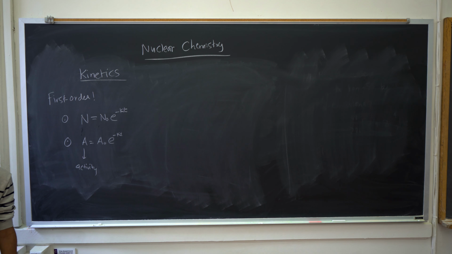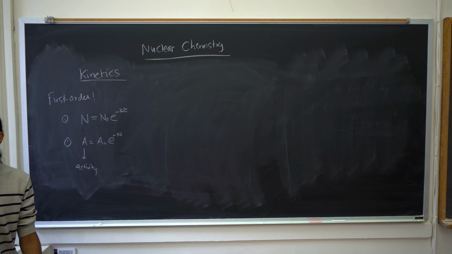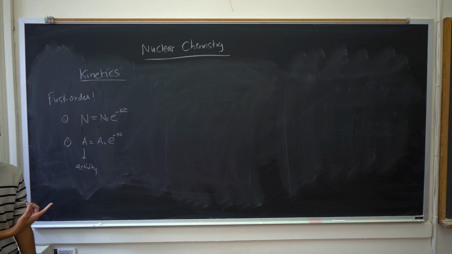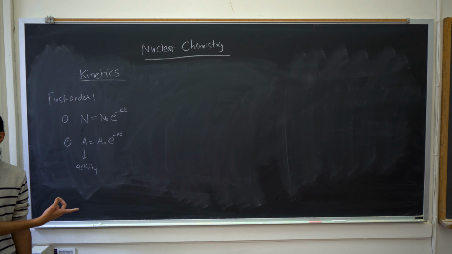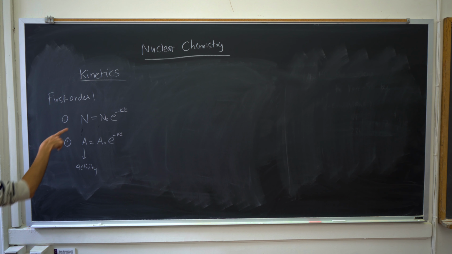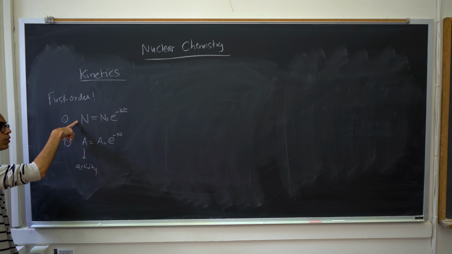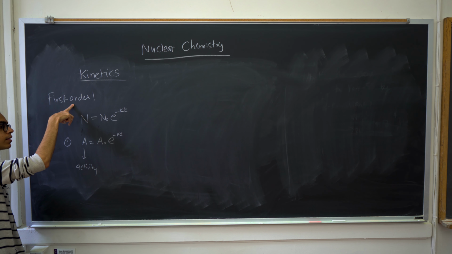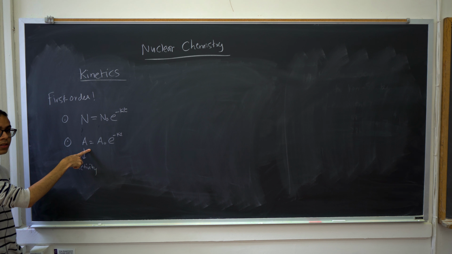Broadly speaking, the thing to remember is this is first order kinetics, N for nucleus, and if a question involves activity, it's the same thing, just put in A for activity. This one works because the kinetics is first order, and the same equation holds true for activity because activity is proportional to the number of nuclei.